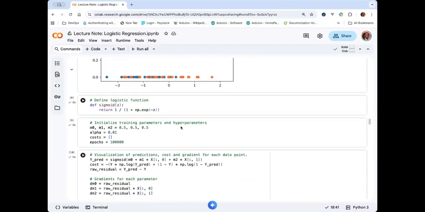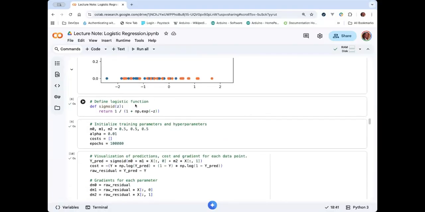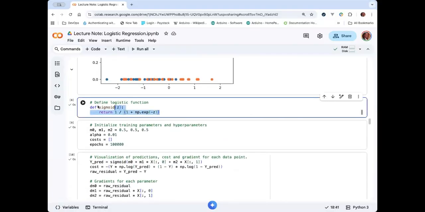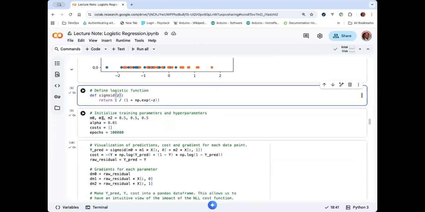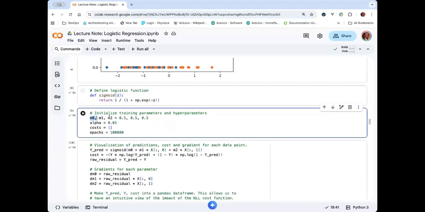Yeah, so now we go on to the implementation. So of course, you start first by defining your sigmoid function, which is 1 divided by 1 plus exponent of minus z, z being the independent variable you're passing in, or the combination of the independent variables in a linear equation. Then, as usual, you get your three parameters, m0, m1, m2.